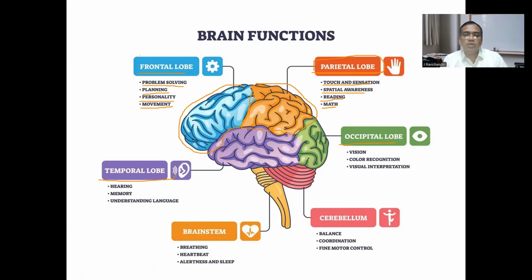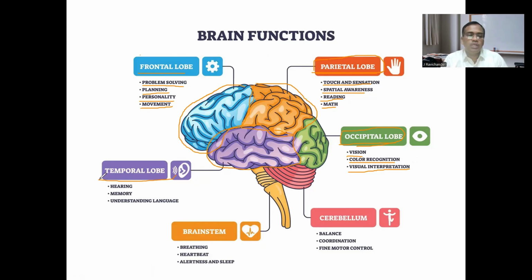Then another important lobe is the occipital lobe, which is at the back of your brain. The occipital lobe is used for vision, color recognition, and visual interpretation.